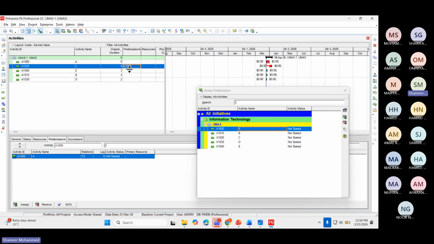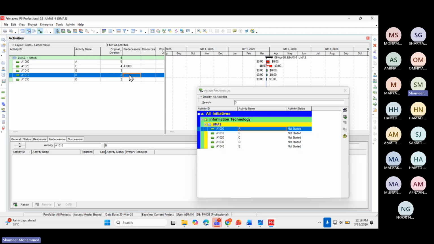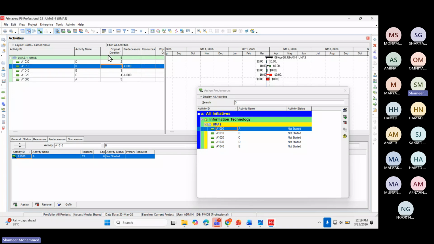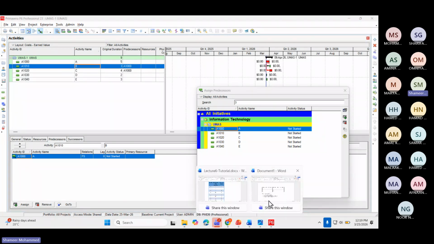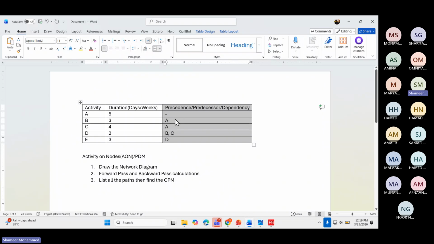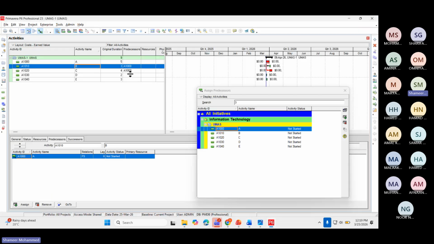So to start this activity, you must complete A. Similarly for B also, you need to complete activity A. See here in the table, for B, A is the predecessor, and for C, A is the predecessor. So both we have entered now.